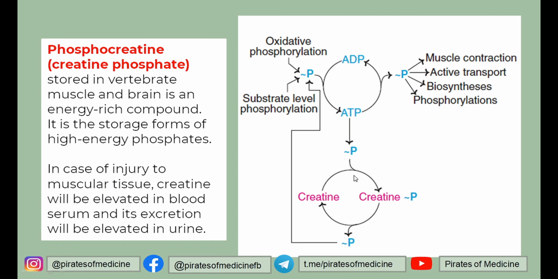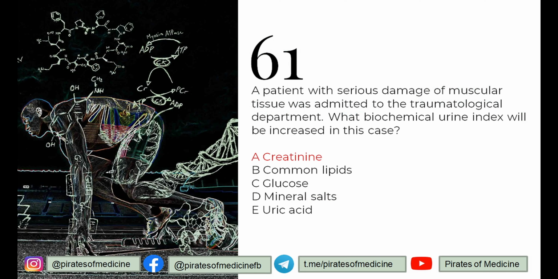This is stored in high concentration in muscle and brain tissue. So in case of any muscular injury, creatinine will be elevated in the blood serum and its excretion will be elevated in urine, because in muscle injury, the substances in the muscle cells get into the blood and are excreted into the urine in increased amounts. So that is why the answer over here is creatinine, which can be used as a diagnostic marker in this case.